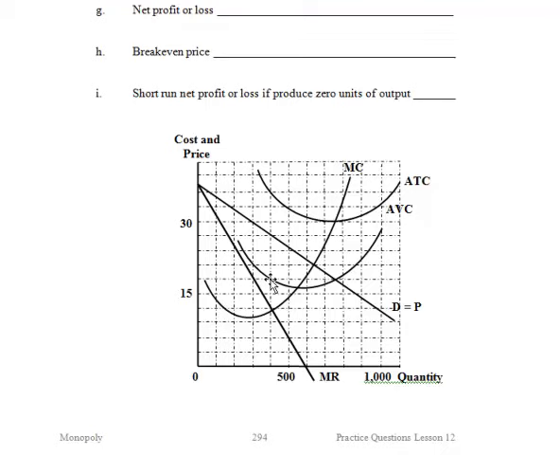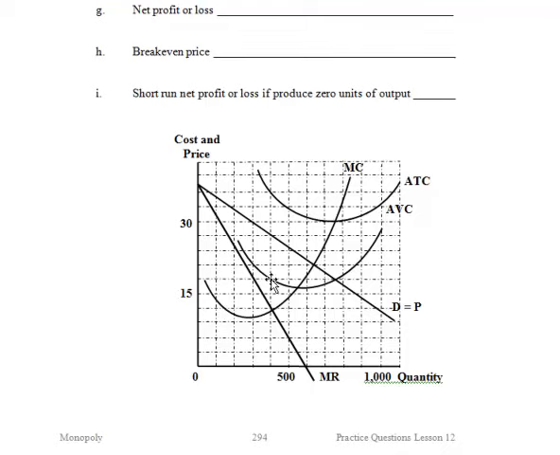And another way you can see that is graphically, here's their quantity, 400 units. Here's the average variable cost, which is 18. The price, well, the price is 27. So 27 minus 18 means that there's $9 going toward the fixed cost for every one of the 400 units sold.